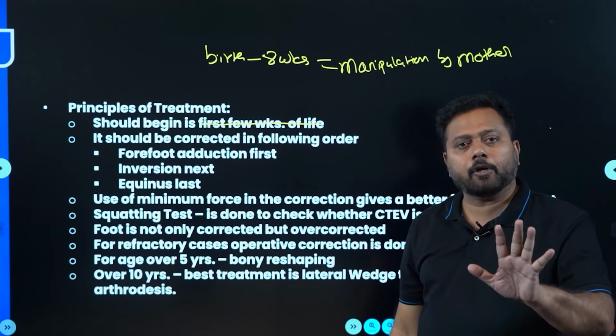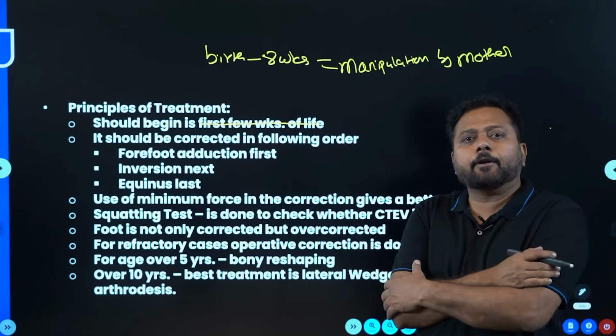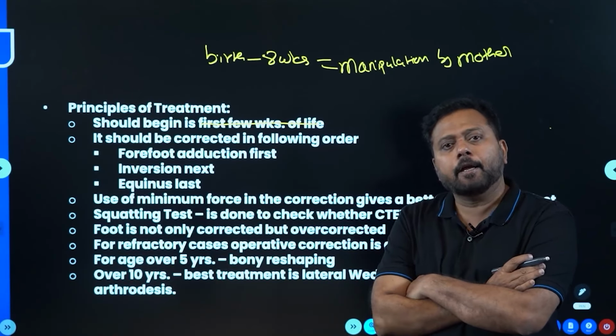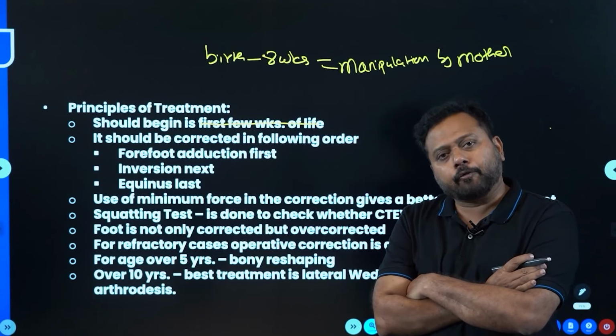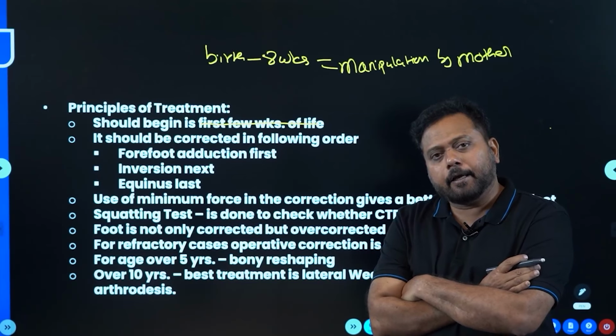No surgery, no heroic procedure. What is the manipulation by mother? The orthopedician or physiotherapist will teach her how to manipulate, how to correct a CTEV. That is forefoot adduction first, inversion next, equinus last. And she has to do that.